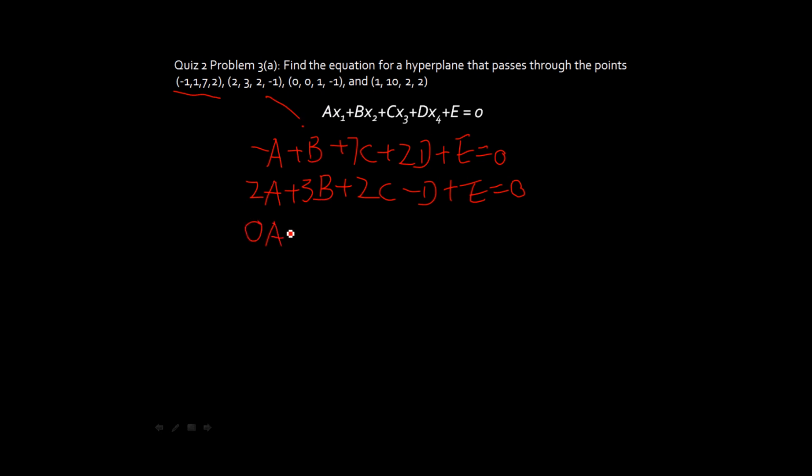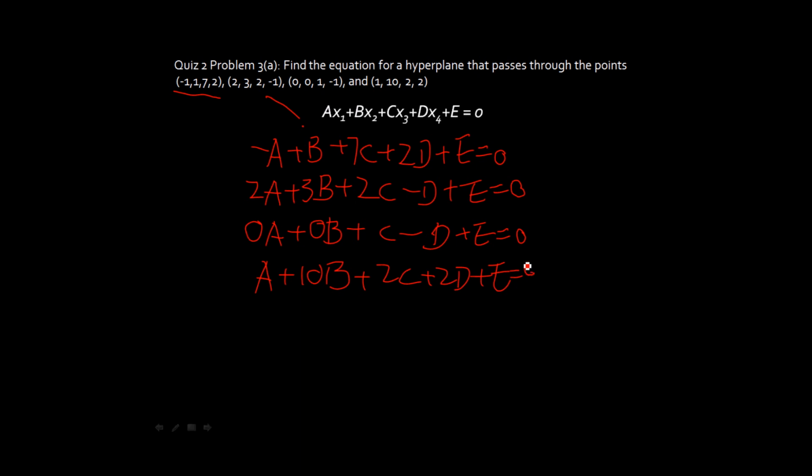For the third one we have plus c minus d and plus e equals 0. And for the fourth point we have a plus 10b plus 2c plus 2d plus e equals 0.